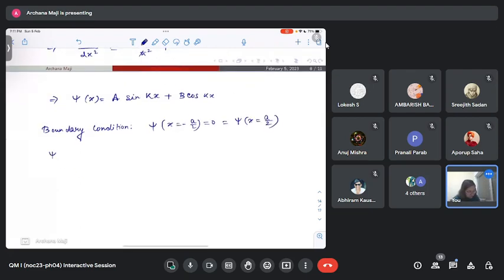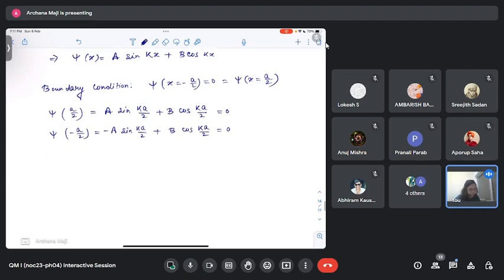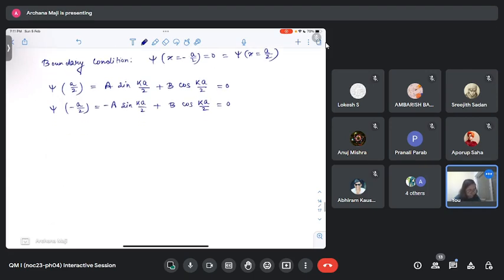Okay, so let's see when we substitute a by 2. This is equal to 0: minus A sin(ka by 2) plus B cos(ka by 2), because cos will remain positive even if the argument is negative. So these are the two equations we get from the boundary conditions.